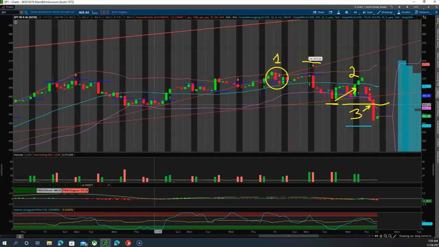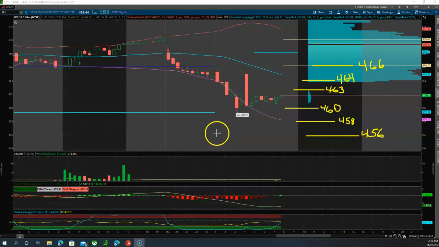Now, as far as today, let's go back to 30-minute time frame so that we can look at things to come for today. All right. Based on how things may play out today, because again, it is so hard to map out what could possibly be in store for today, I'm going to give you key levels of support and key levels of resistance for today.